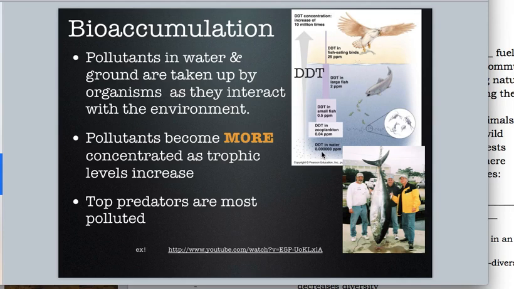There is pollution right here, and it's a pesticide we no longer use, but it's called DDT. And notice the pollution, ppm is parts per million, and it's 0.0000002 or 3. So it's really small.